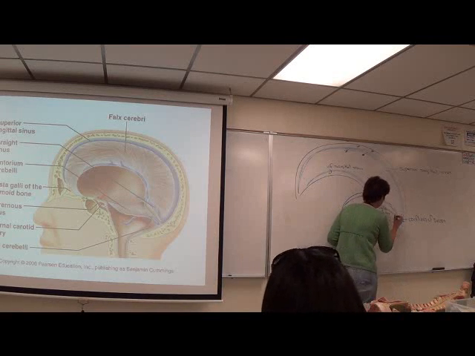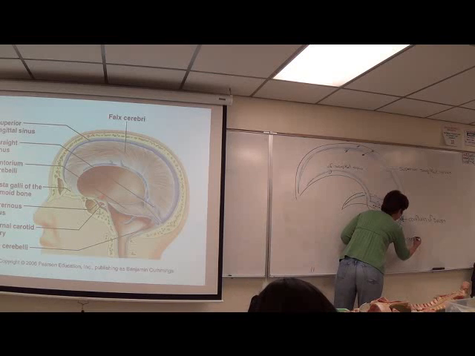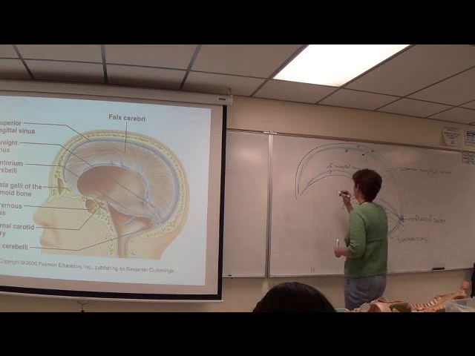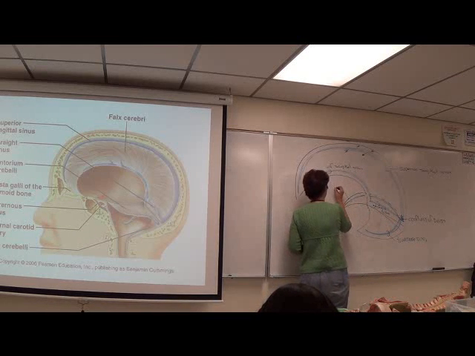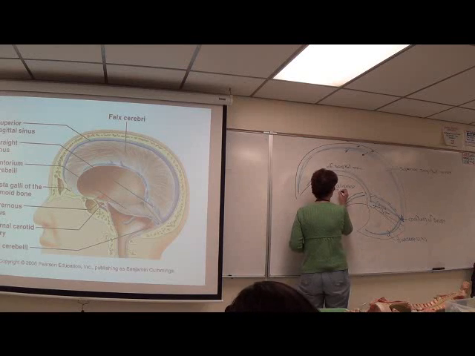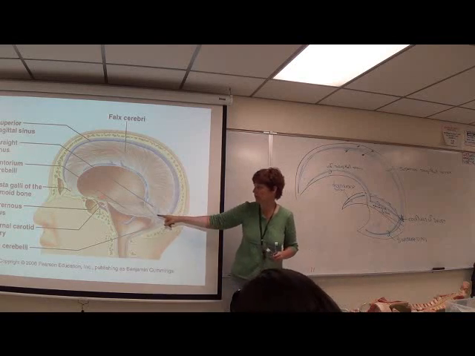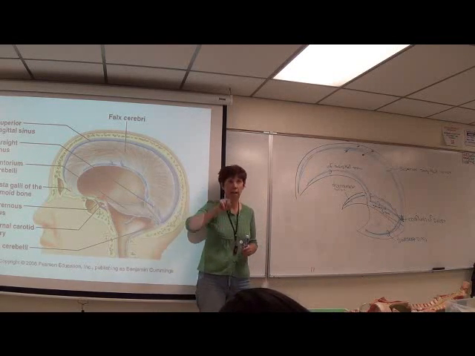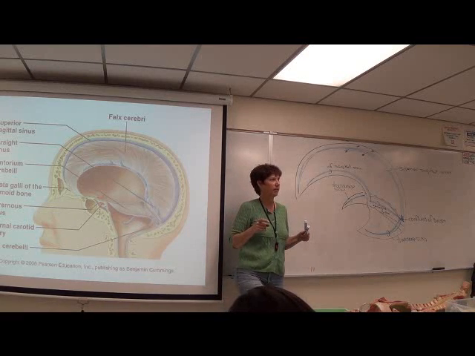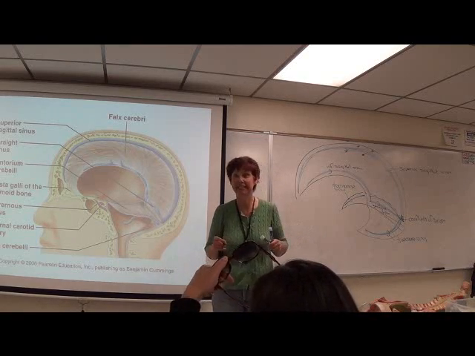So each of these was only a single one, but now we have a pair of transverse sinuses. There's a transverse sinus, and there's a transverse sinus. And then they flow down the side of the skull, across a double curve. What's the Greek letter for S? Anybody remember? Nobody joined a sorority yet? Sigma.